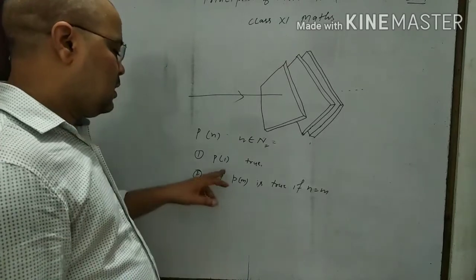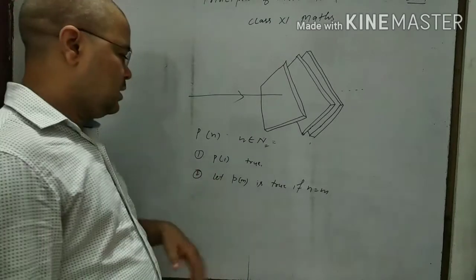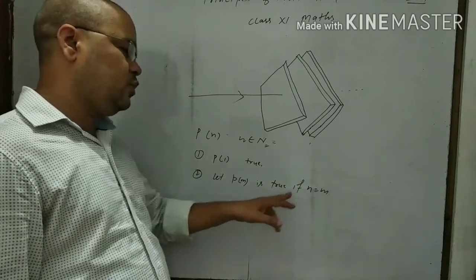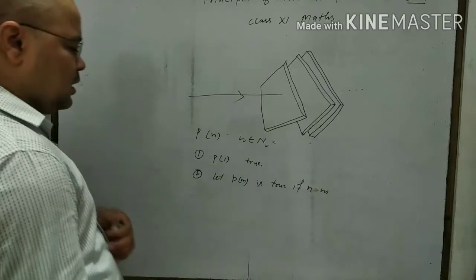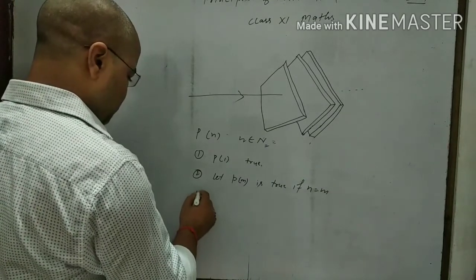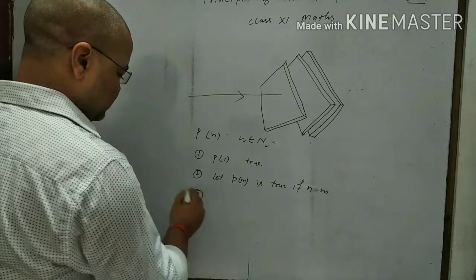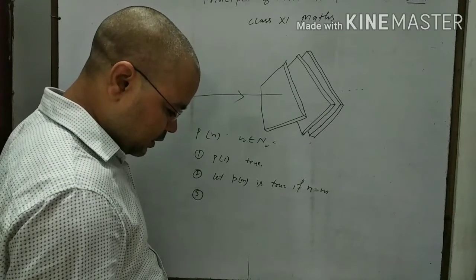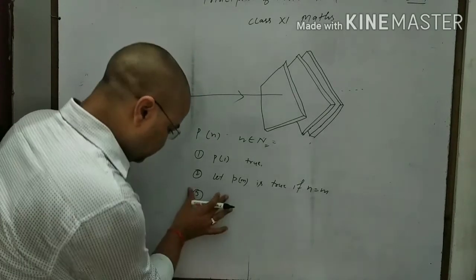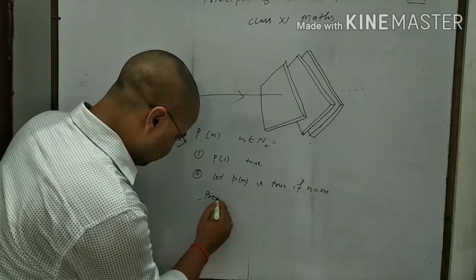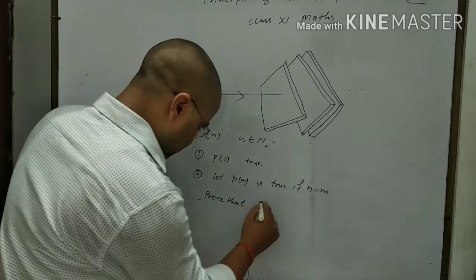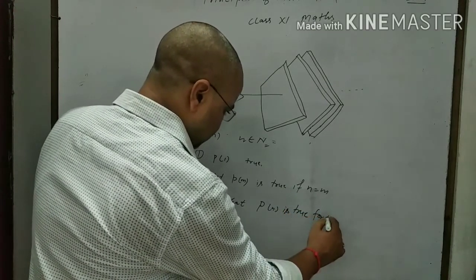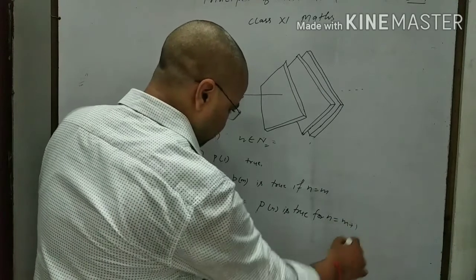Now we just imagine that the given statement is true for n equal to m also. Let Pm be true for n equal to m. Then, in the third case, we have to prove that Pn is true for n equal to m plus 1 also.